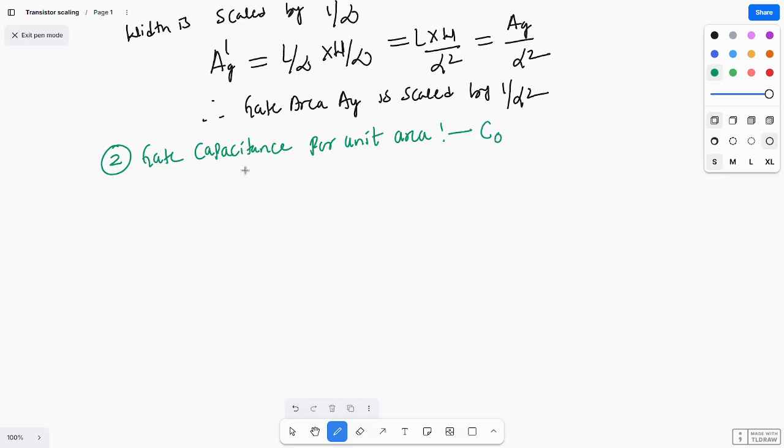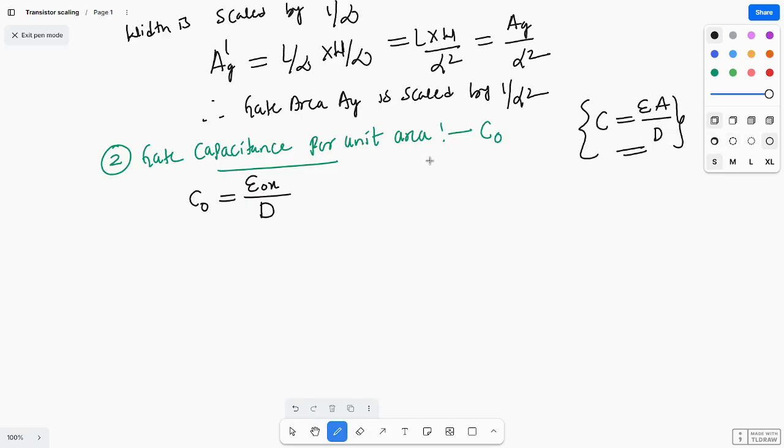Normally you know what capacitance is: you already studied the formula, epsilon A by D. Gate capacitance per unit area means the area is not included. So that means it is epsilon oxide, the permittivity of oxide, by this distance. That is gate capacitance per unit area.